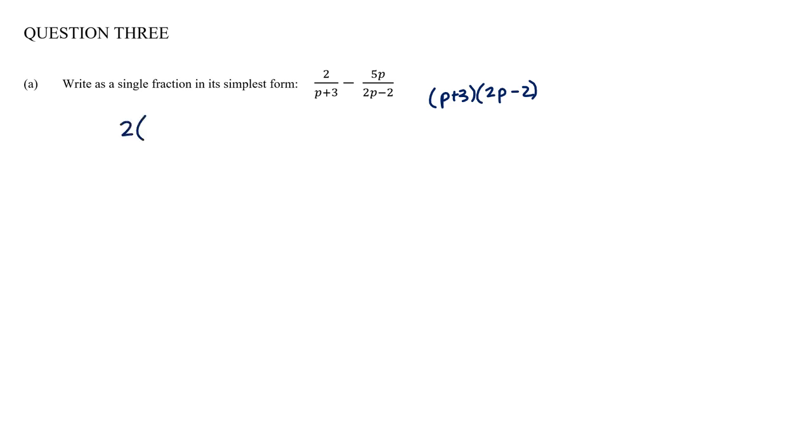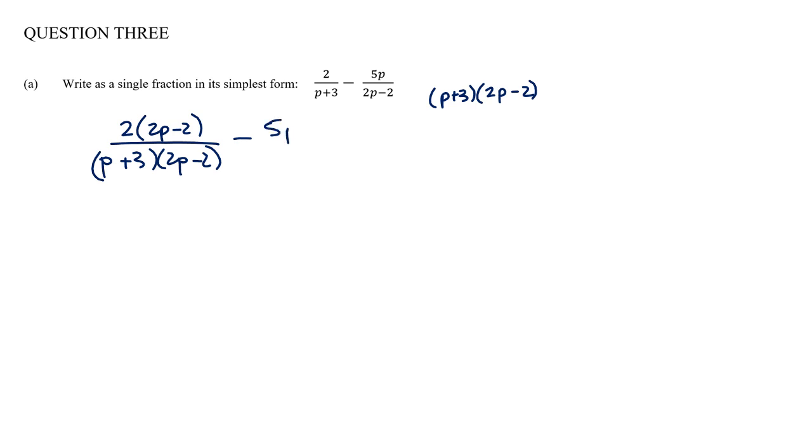So 2 lots of 2p minus 2 all over p plus 3, 2p minus 2. Happy with that? Timesing by 1 in the form of 2p minus 2 over 2p minus 2.